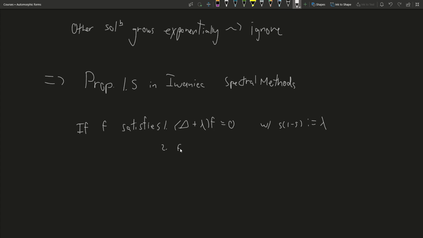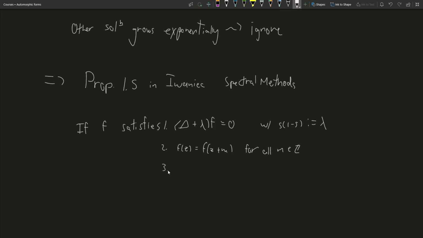The second requirement is that f of z is f of z plus m for all integer m. So it's periodic in x with period 1.